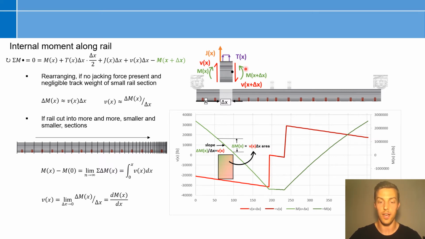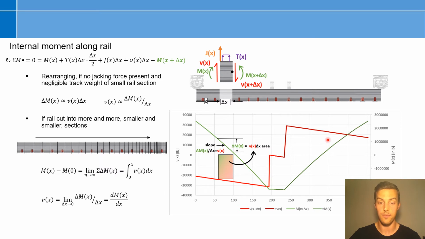And what we can do from that is start at this left assumed internal moment and go from section to section, adding up all these small changes in the moment to get the approximate solution for the moment diagram.